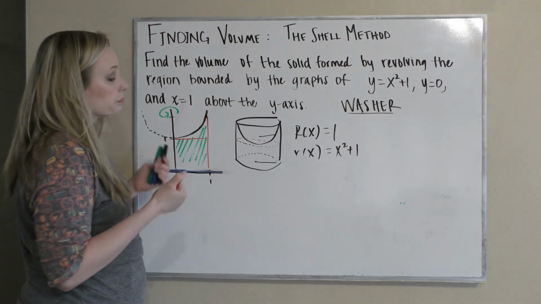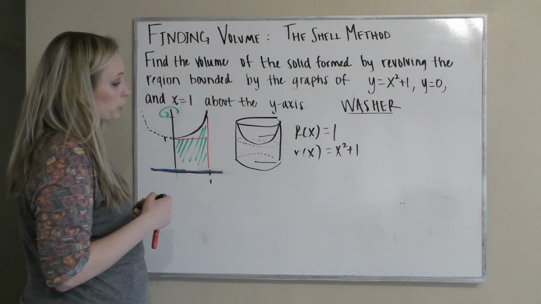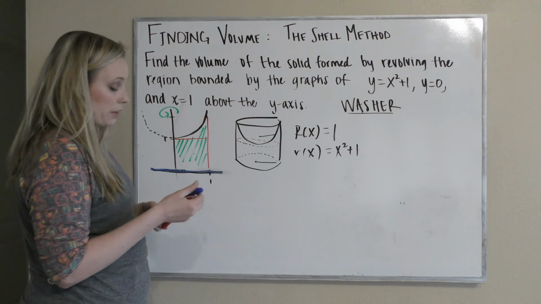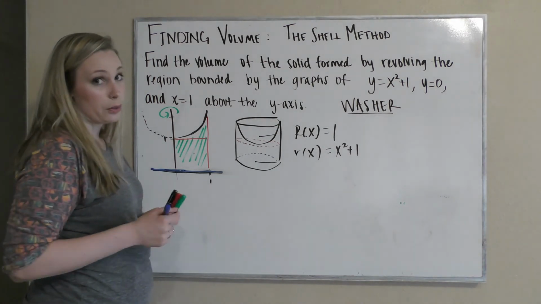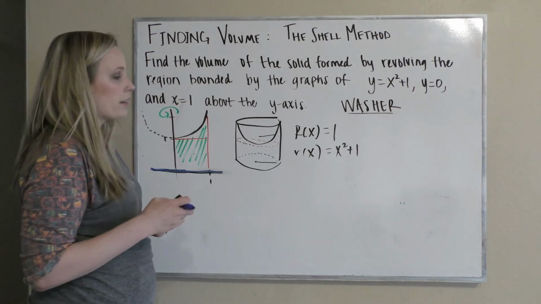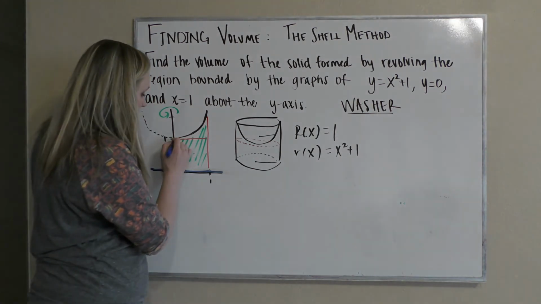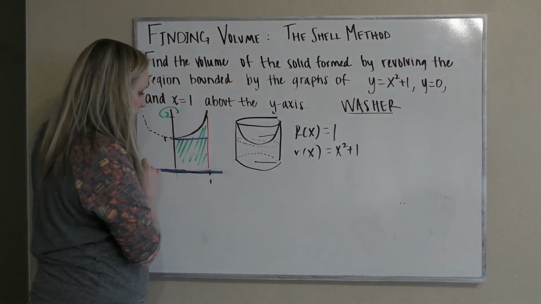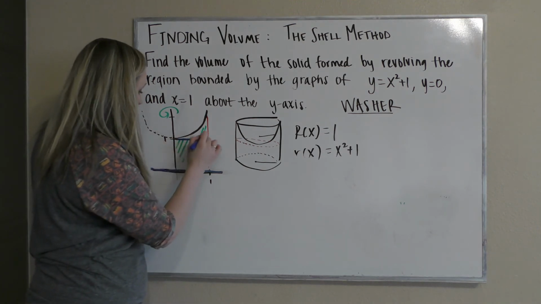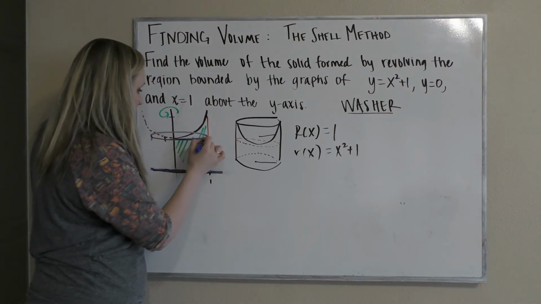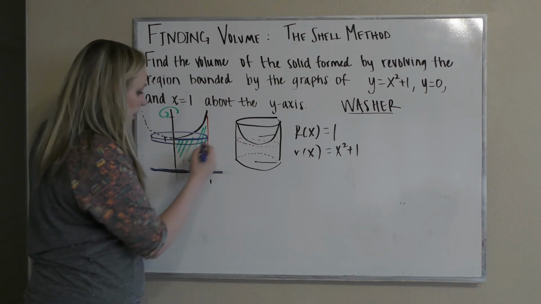So again, because we're using the washer method this time, we are going to have to integrate with respect to y, meaning everything has to be in terms of y, because we're making our cuts this direction. We are cutting discs like this, which means this is dy.